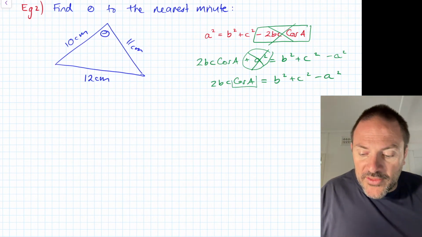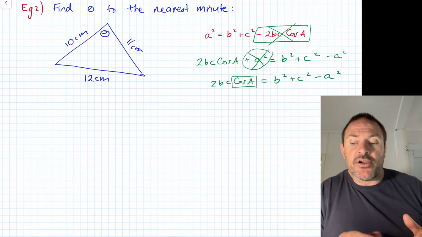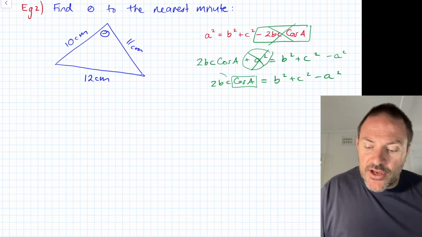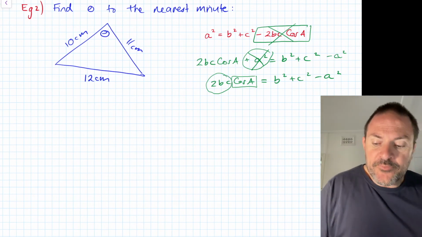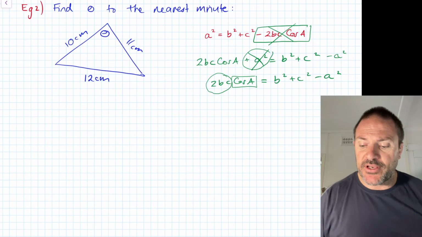And remember, I want to get the cos A by itself. So we've got 2 times B times C times cos A. So we could get rid of this thing. What's the opposite of times? Well, it's divide. So divide both sides by 2bc.